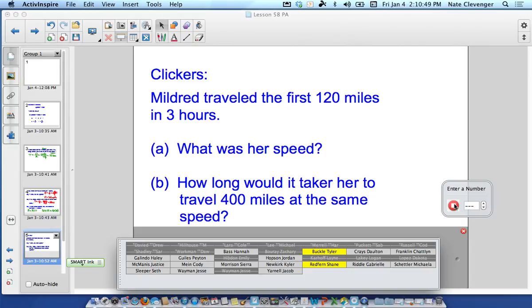I think I got this wrong. I feel like... You're confident? If you guys can't quit chatting up here, you go back to your seats.